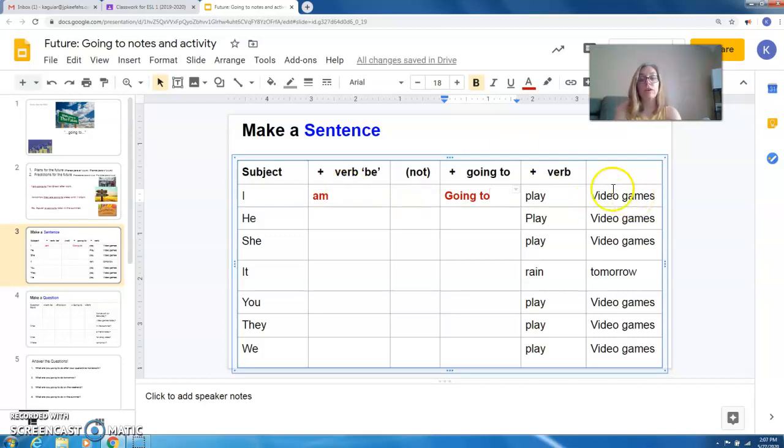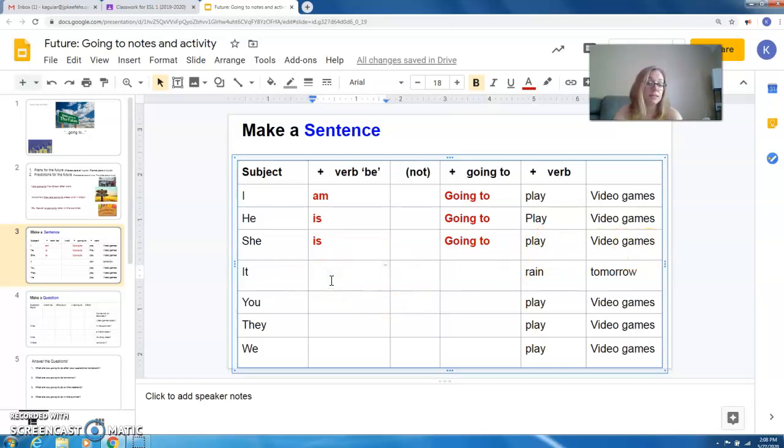So in the future, he is going to play video games. She is going to play video games.